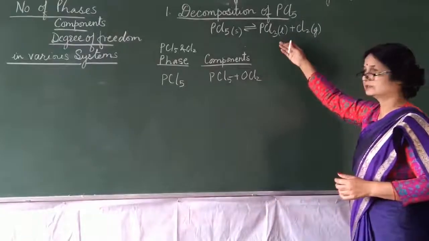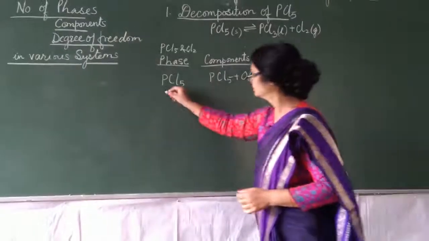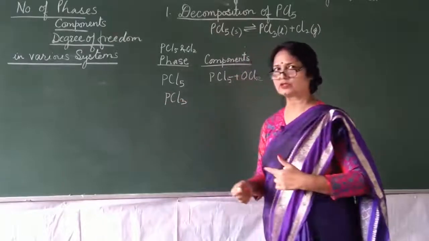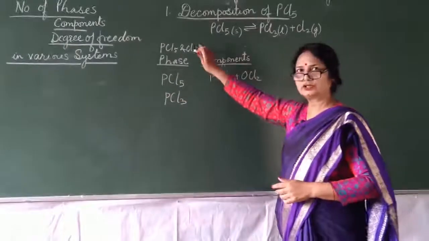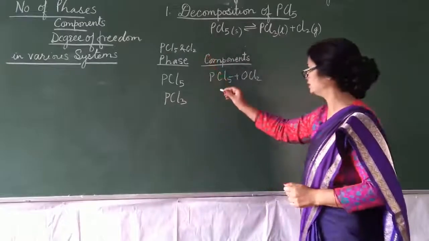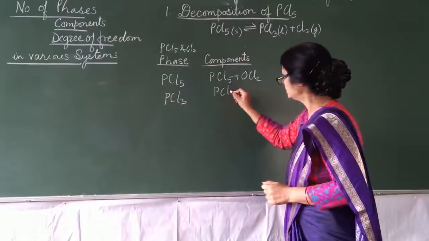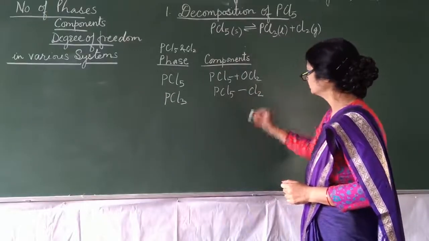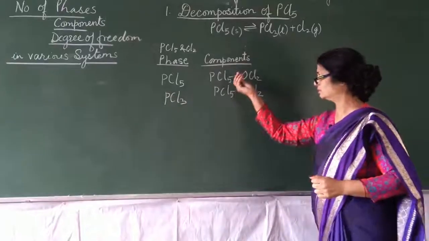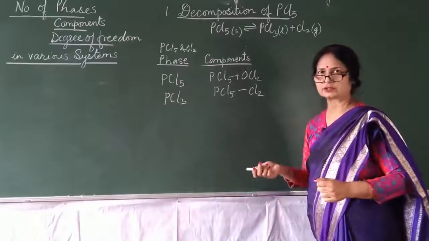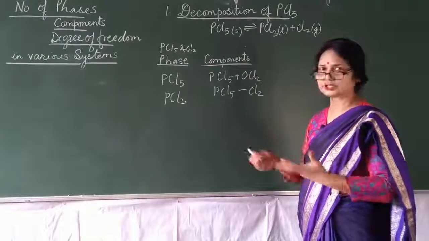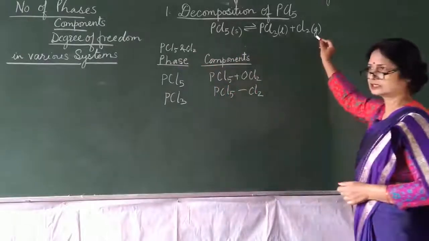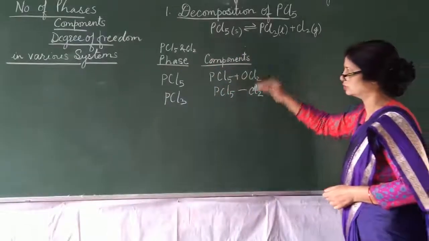Now let's take this phase PCl3. And we can represent this phase also with the help of these two chemical entities only. How? PCl5 minus Cl. We know that algebraic signs are allowed in these representations. Now let's take the third phase, which is our gaseous phase Cl2.